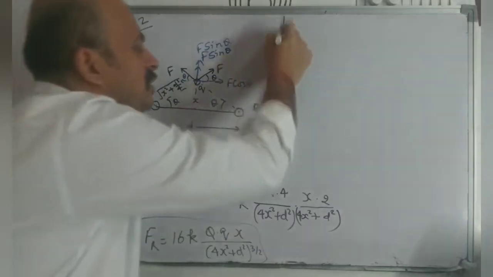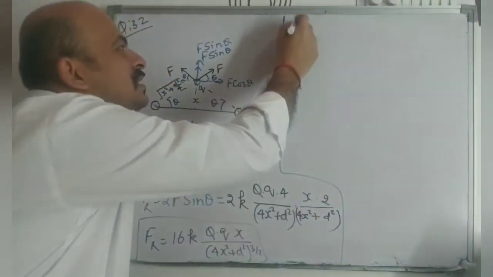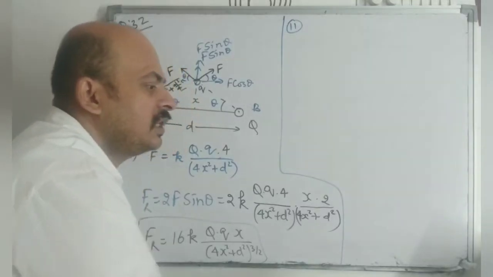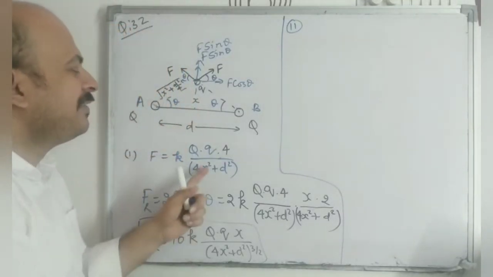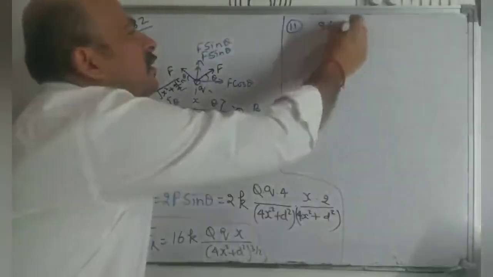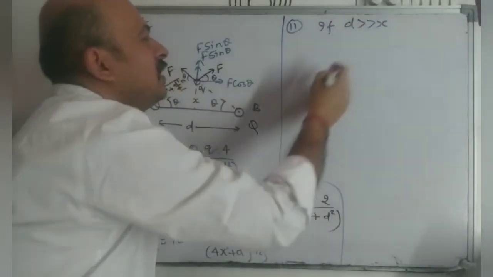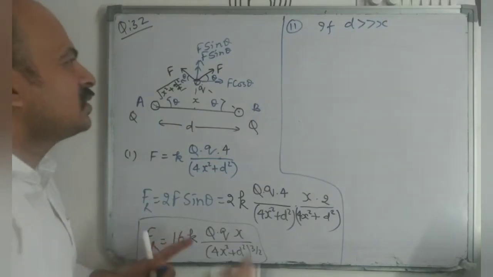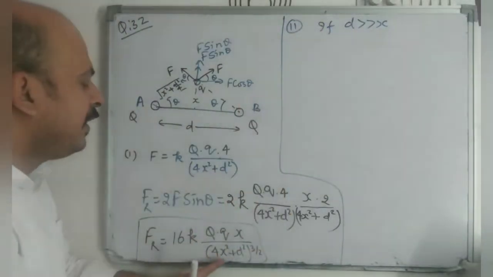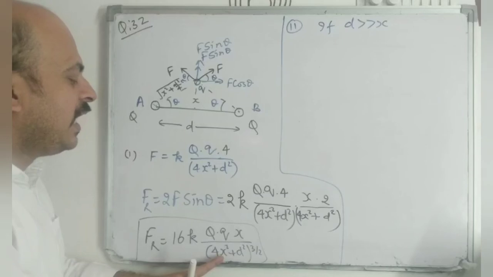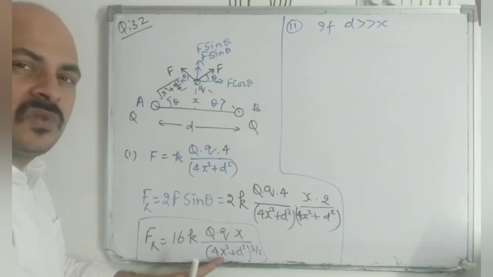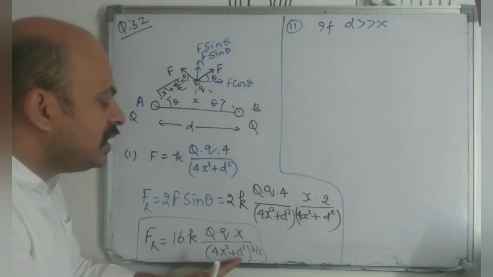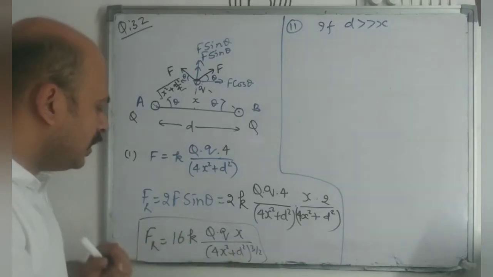This part was the first part. Now what is the second part? The second part is, if d is very much greater than x, then prove that the force is directly proportional to x. So here if d is very much greater than x, x square can be neglected. If x square can be neglected, then you will have d to the power 3 only.